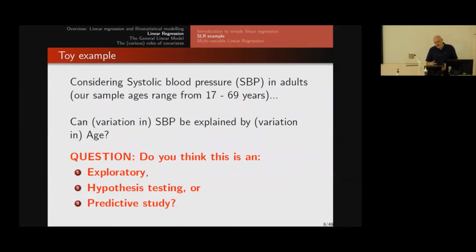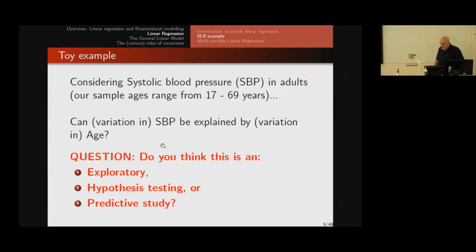Okay, so those are the people we hope our results are valid for, our target population. So our research question is can SBP be explained by age? So is age a driver of systolic blood pressure?